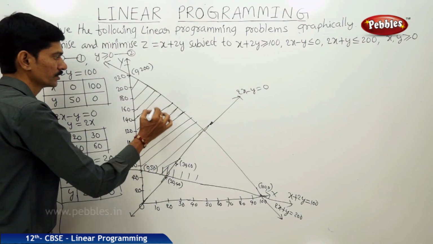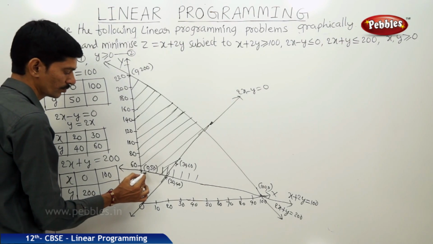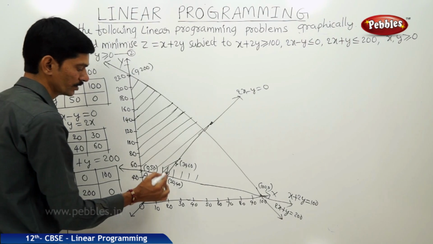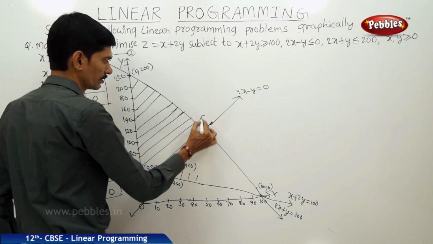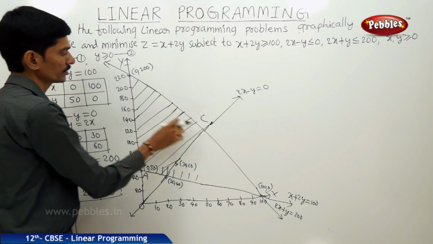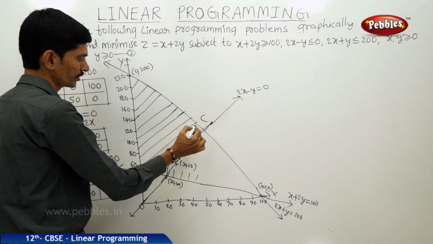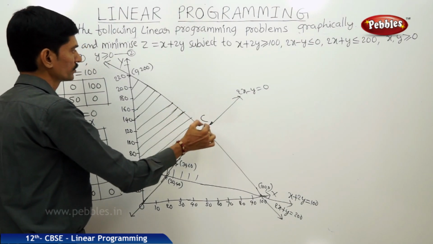So this is the feasible region whose vertices are A 0, 50, B 20, 40 and C. We have to solve these two equations to find the point of intersection of these two lines.